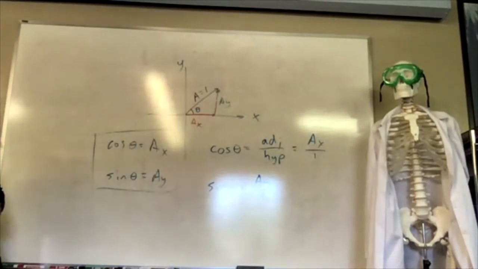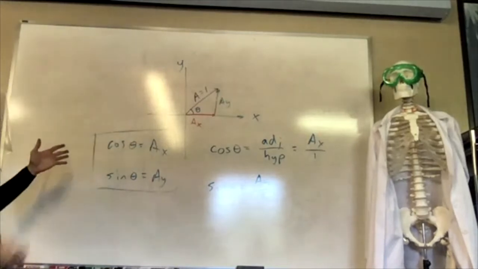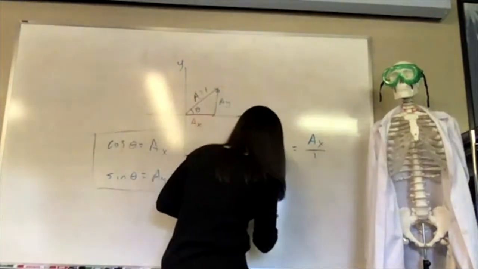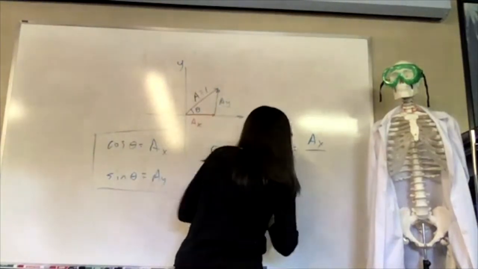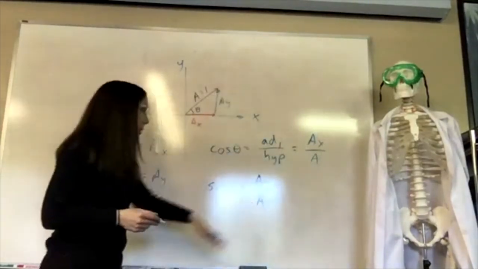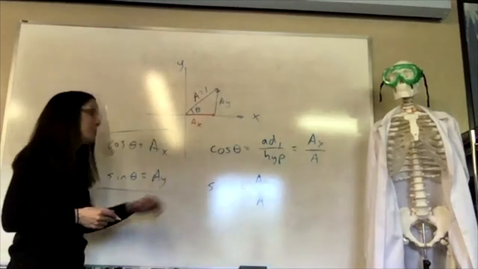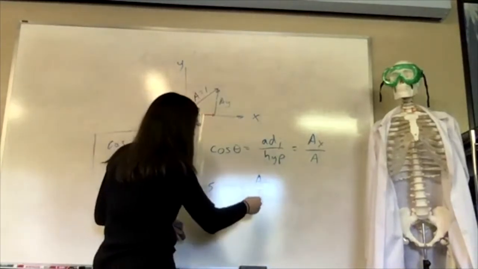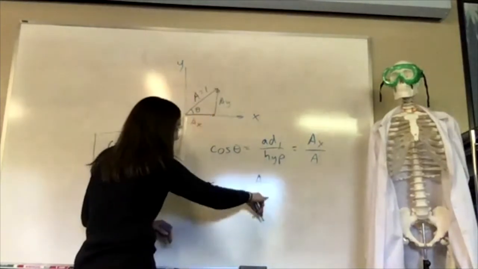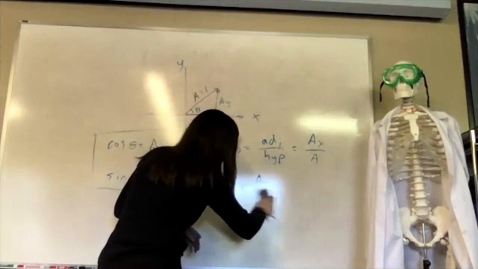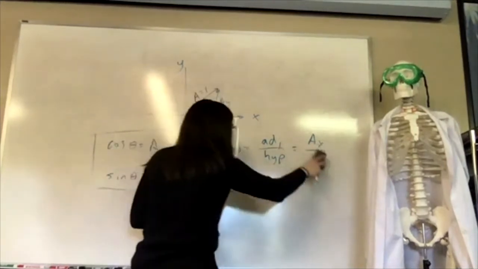Now what we can also do is this. Let's say that they're not 1. It'd probably be easier to say it this way, make it more general, because that's not useful in every case. Let's go back to this. Let's say it's not 1. What can you do? You can multiply both sides by A, right? And you can solve for A of x and A of y. So this one right here, we can move A to this side, and it becomes A sine of theta equals A of y. Same thing here.